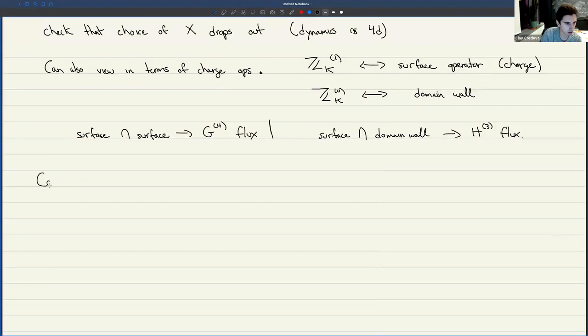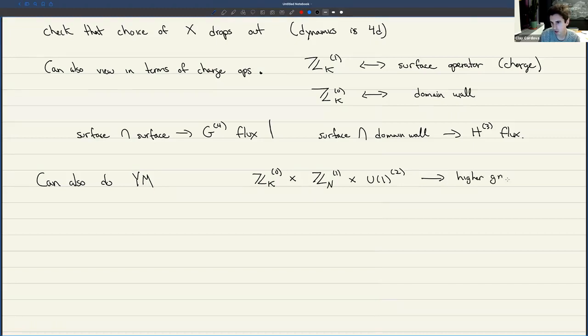Let me say that we can also do non-abelian Yang-Mills. So then we have ZK zero form symmetry. We have the ZN one form symmetry of SU(N). We have the two form symmetry of the string. And this again becomes a group. And the key equation, let's call this background field 2, and again this one A3.